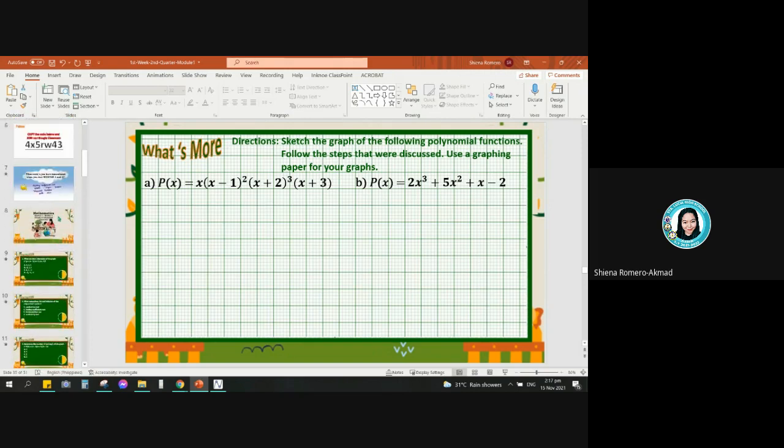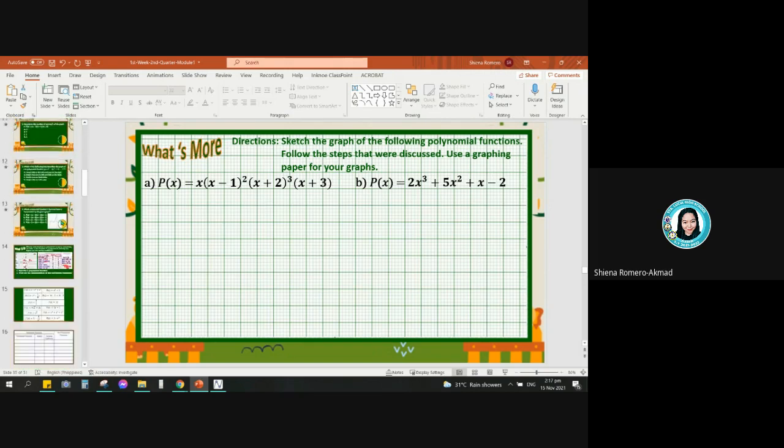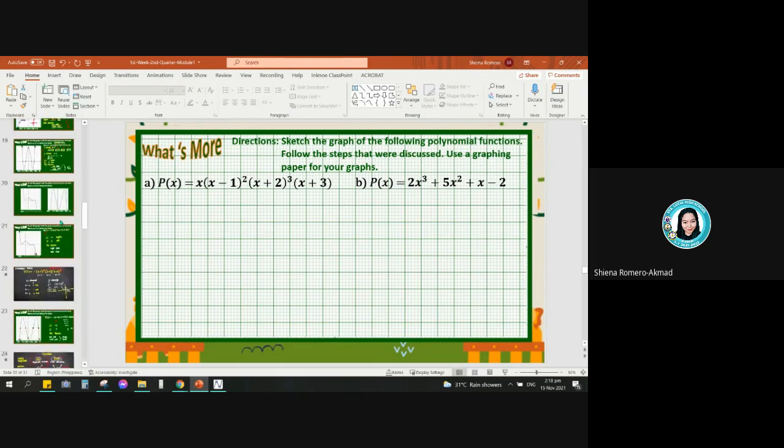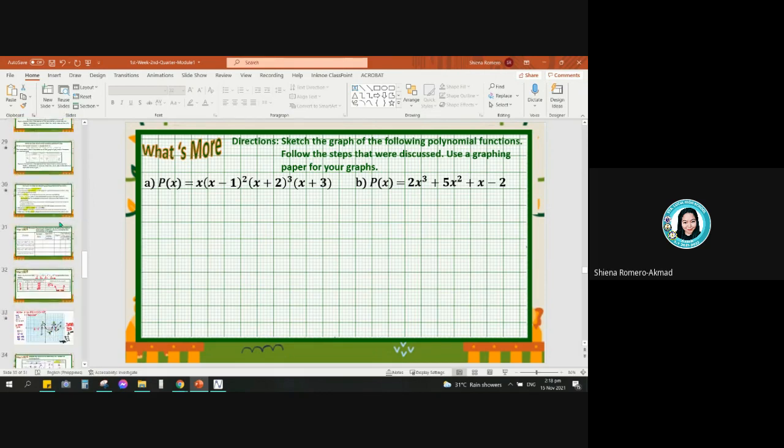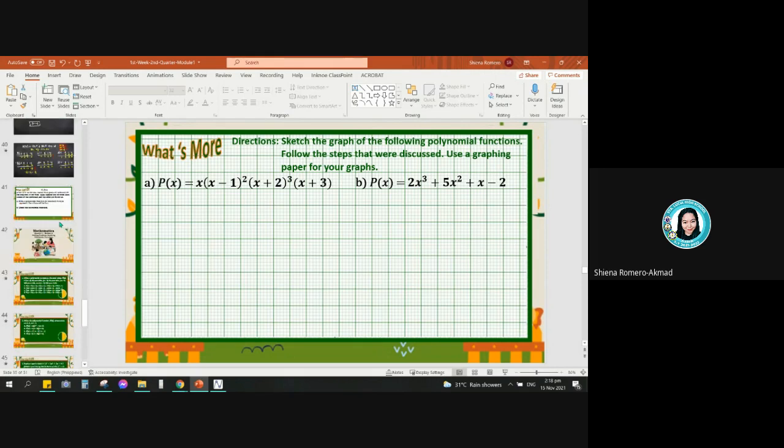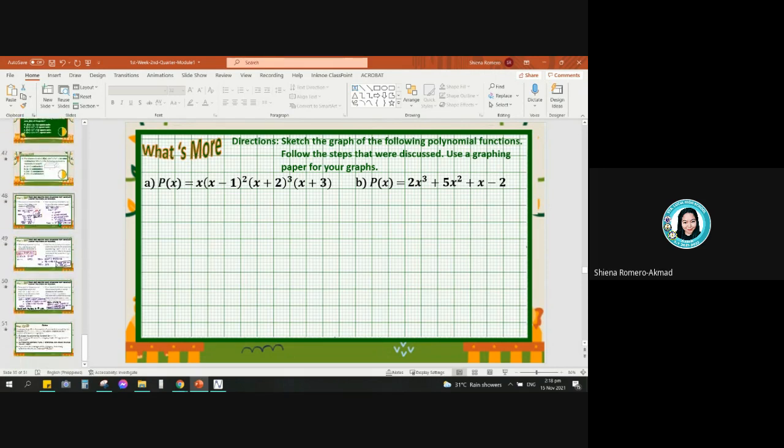Okay? Yung module natin. So may mga naiwan dyan na questions na hindi ko sinagutan. So you can answer that on your own para maging practice, and ganun din po sa ating assessment. So don't forget to answer your assessment.